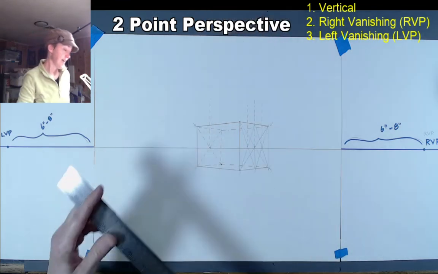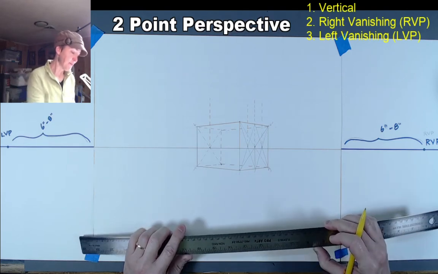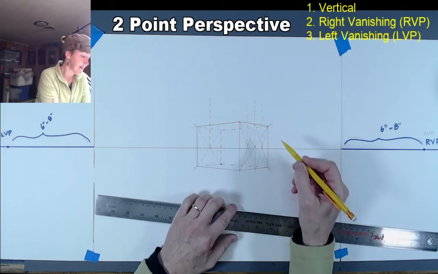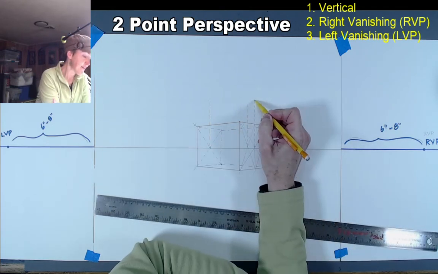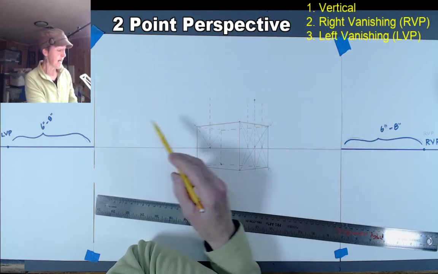Okay. And so what I want to do is figure out where we want. Let's just choose a point to start with for the peak of the roof, and we'll start to bring it back in perspective.